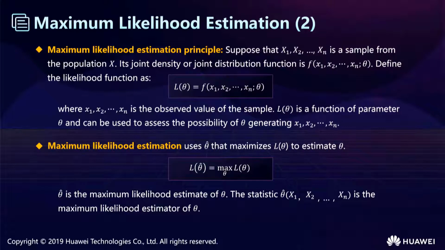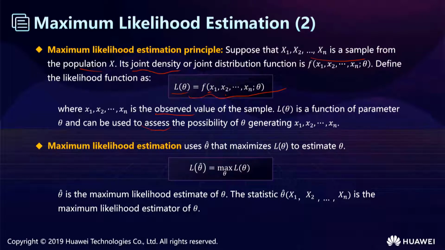Here we learn the maximum likelihood estimation principle. Suppose the samples come from the population X, with a joint density. We define the likelihood function L of theta, where x is the observed values. This function of the parameter theta can be used to assess the probability.